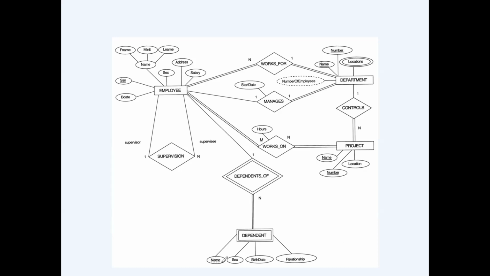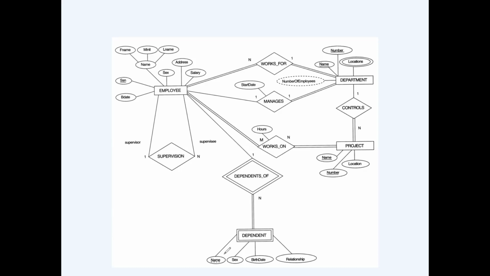So when you have a situation like this, we cannot identify a unique attribute. Then this becomes what we call the weak entity type. So for weak entity types, we are using a double rectangle like this. This double rectangle indicates that you don't have a unique key.